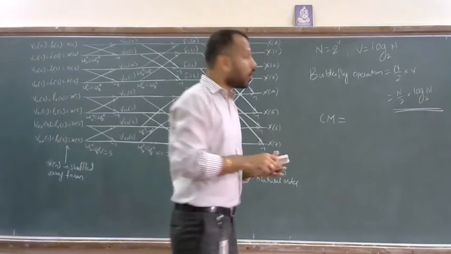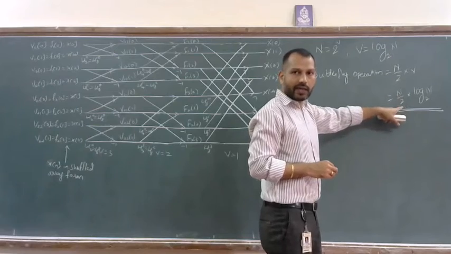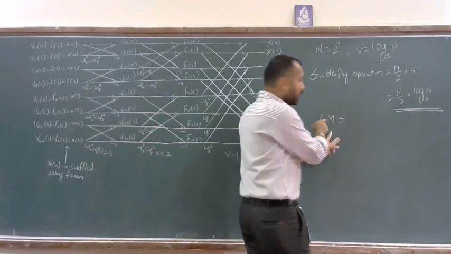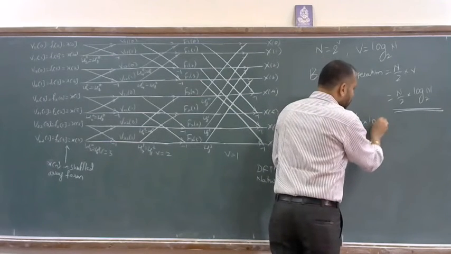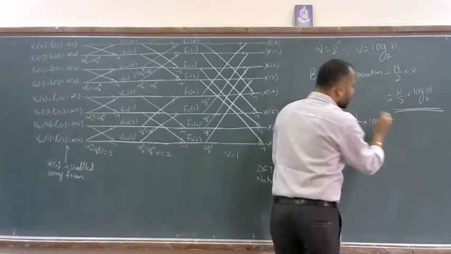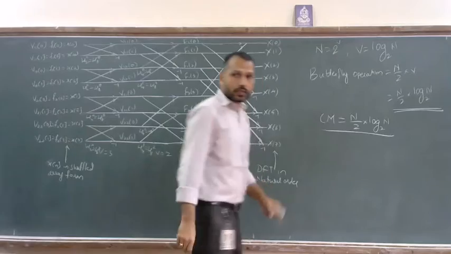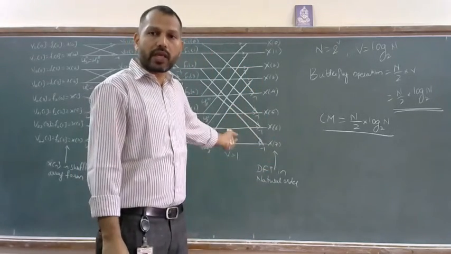The total number of butterfly operations is n divided by 2 log n to the base 2. So to compute the n-point DFT, the number of complex multiplications will be n divided by 2 log n to the base 2.